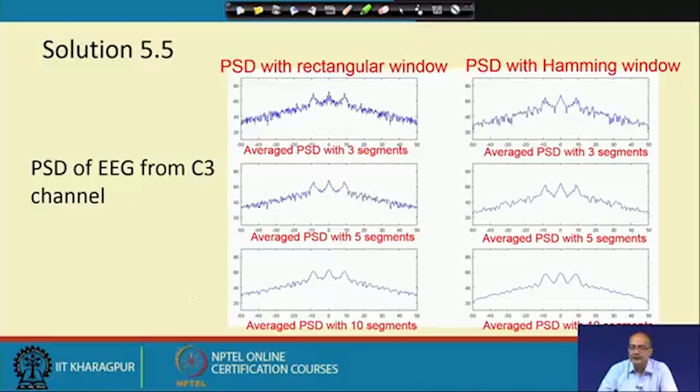In other words, the smaller peaks get merged to give a bigger peak as we increase the number of segments or reduce the duration of the window.